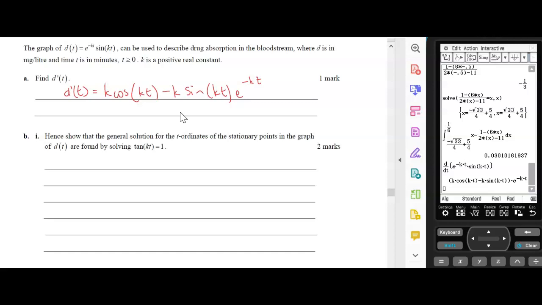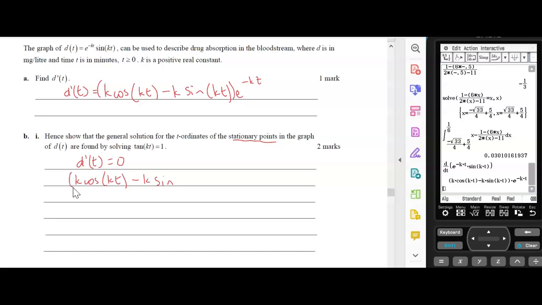So we're looking at stationary points. So remember, when we're doing stationary points, your derivative is equal to 0. So that means k cos kt minus k sine, and I just realized there should have been brackets around all this.